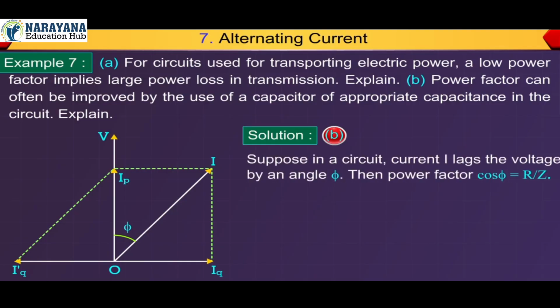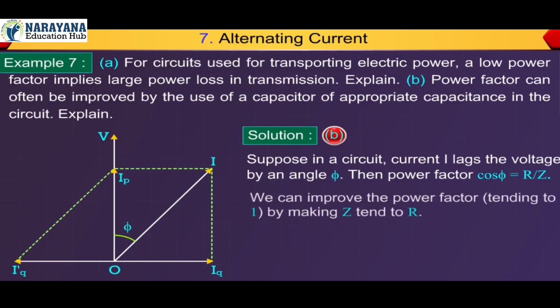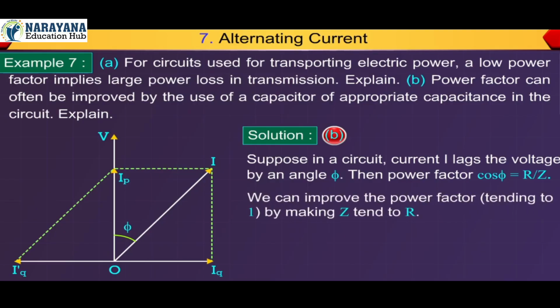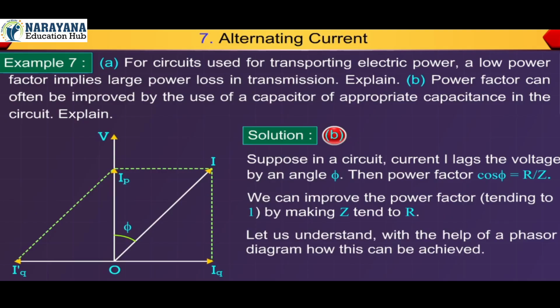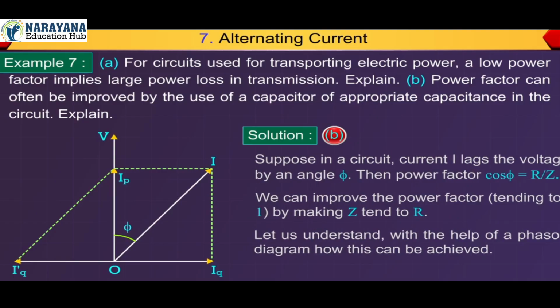b. Suppose in a circuit, current I lags the voltage by an angle phi, then power factor cos phi is equal to R upon Z. We can improve the power factor tending to 1 by making Z tend to R. Let us understand with the help of a phasor diagram how this can be achieved.